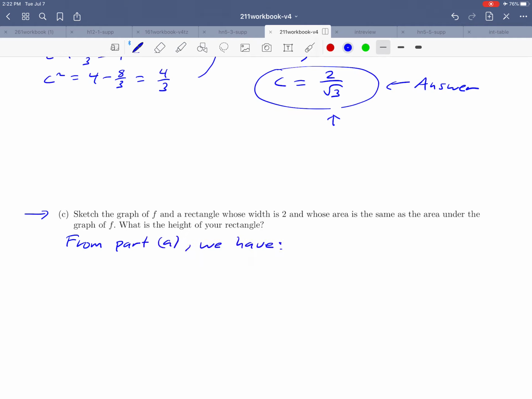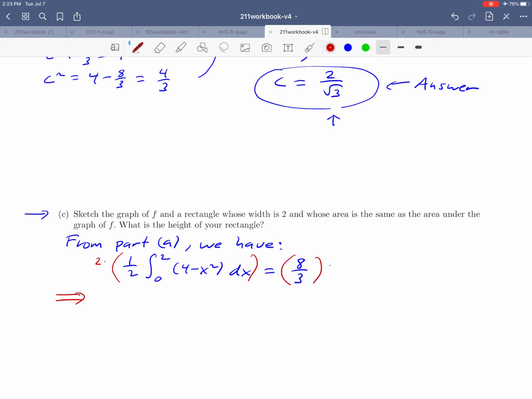In part A, we calculated the average value, and our calculation looked like this. I'm literally just recopying what we did in part A. We took 1/2 times the integral from 0 to 2 of 4 minus x squared dx, and we got our average value to be 8/3. You can look back at part A and see that that's what we did. What I'm going to do is take that equation and multiply both sides by 2.